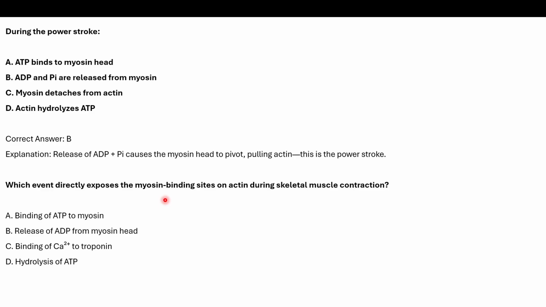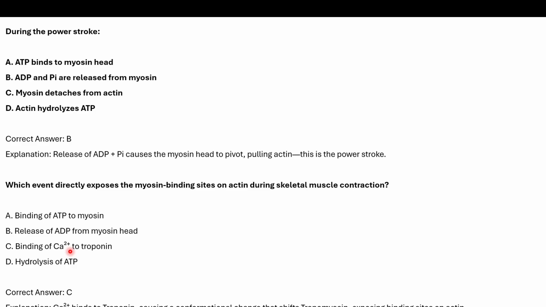And eventually, what exposes myosin binding sites on actin during skeletal muscle contraction? Option is, once calcium released from the sarcoplasmic reticulum comes out and binds to the troponin, which is TnC, the troponin C binding protein, which binds to calcium ions.